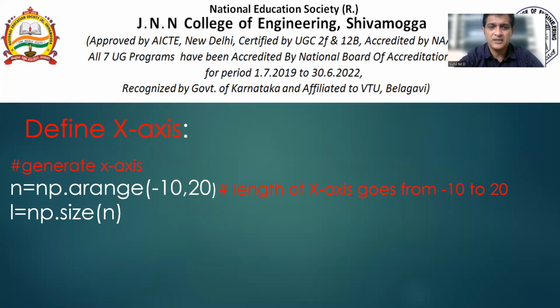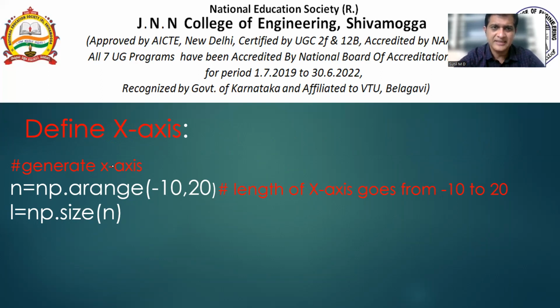Linspace is one way in which we can define our x-axis, and arange is another way of doing it. They have a small difference, and I'll let you know what the difference is by going into Python.